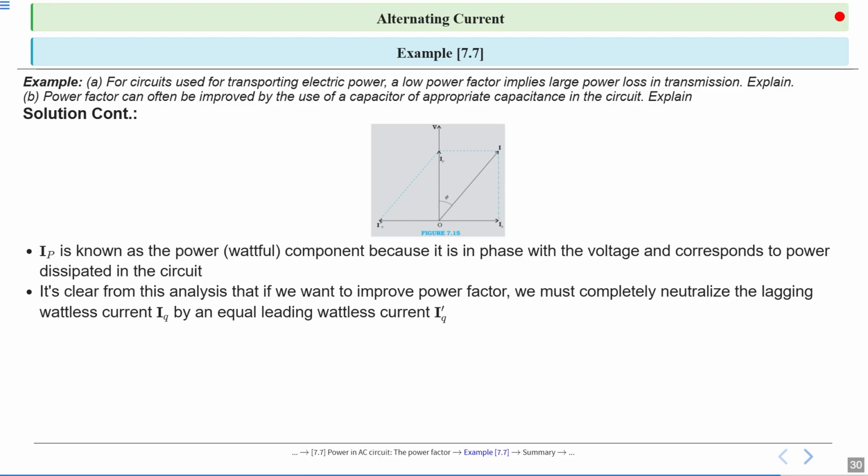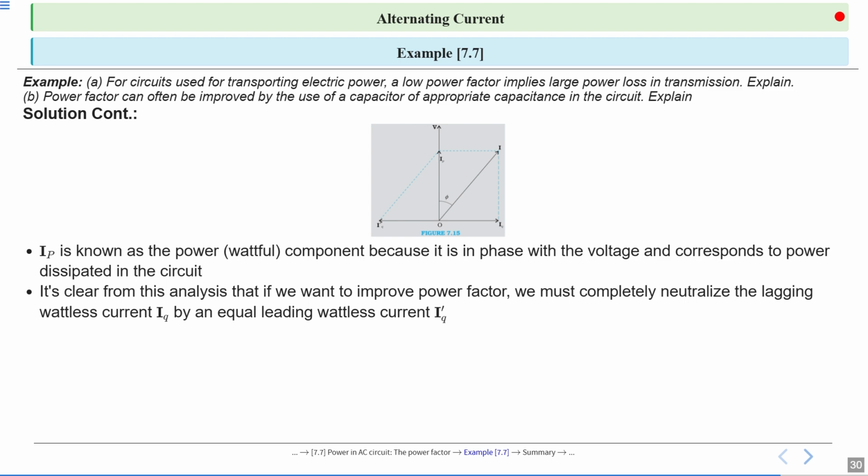So if we are improving the power factor, we are improving the average power dissipation. To improve the power factor or power dissipation, we have to neutralize this wattless component of the current. How can we neutralize this component? We must completely neutralize the lagging wattless current IQ by an equal leading wattless current IQ dash.